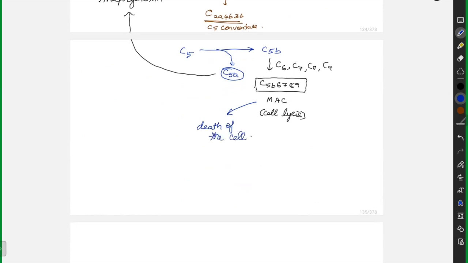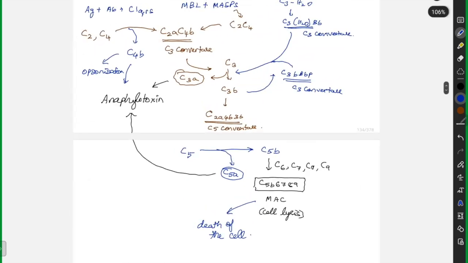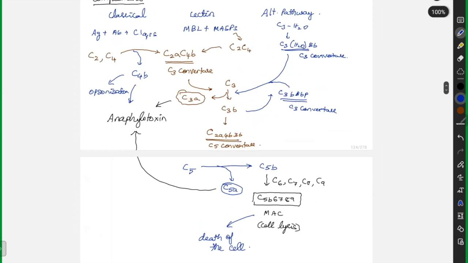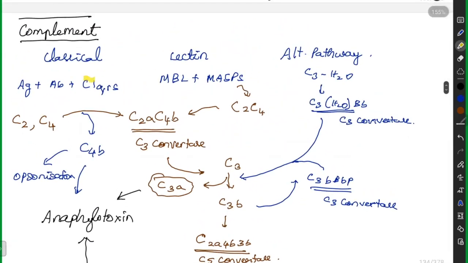Now you need to control this complement system. Why? In order to control the inflammation. How do you control the complement system? We can inhibit this step by giving a drug that is going to block your C1.